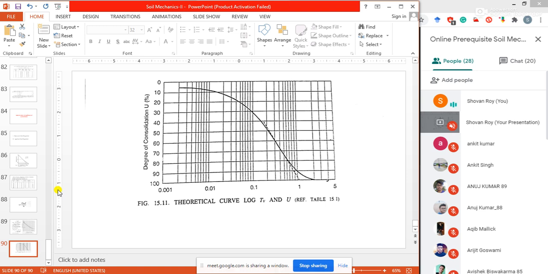In this figure you can see the theoretical curve where the plotting of the test values is shown.